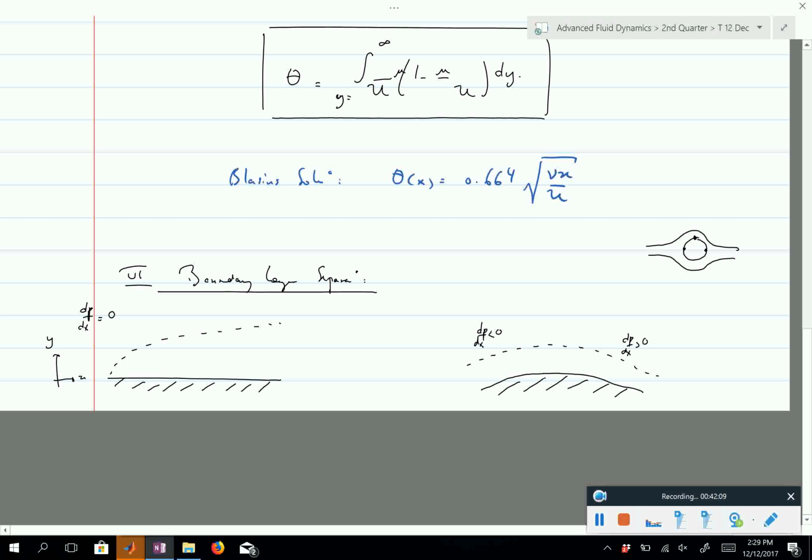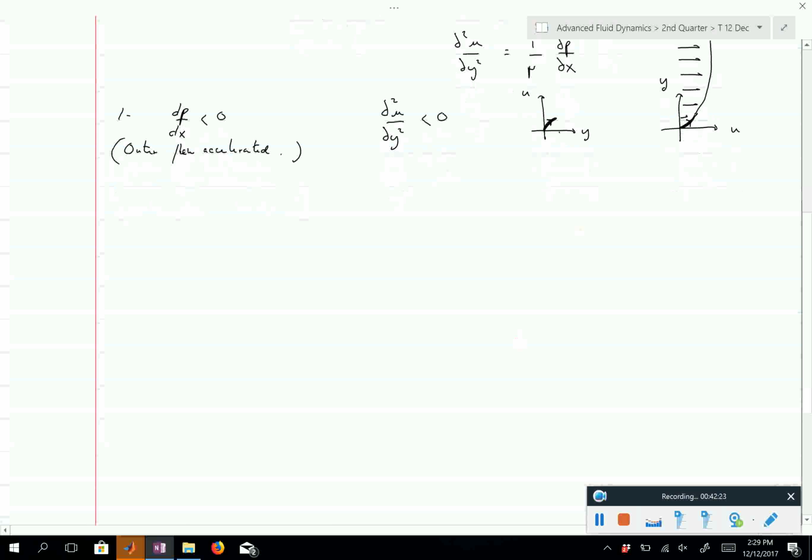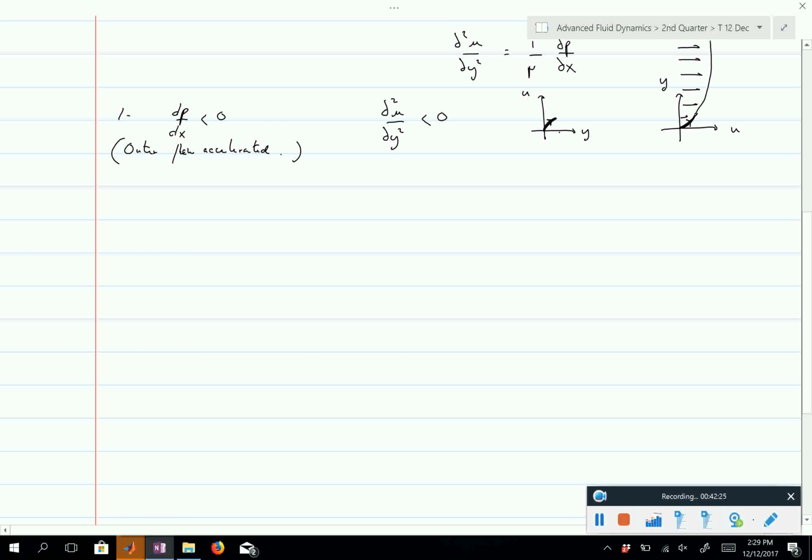I'm going to redo this plot, but down there on this page, because otherwise I'm going to have to go back and forth. So let's assume we have a curve, but let's say this is flat, but here dp dx is negative, and here dp dy is positive.